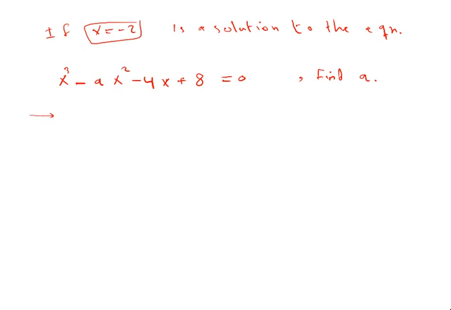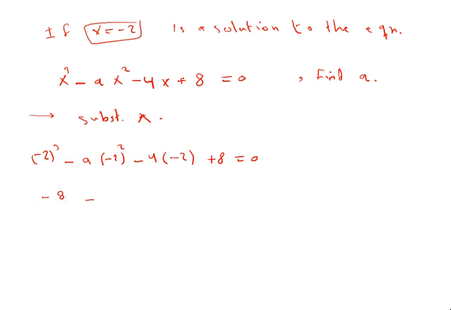We substitute x in the equation. That gives me minus 2 cubed minus a times minus 2 squared minus 4 multiplied by minus 2 plus 8 equals 0. Minus 2 cubed equals minus 8.